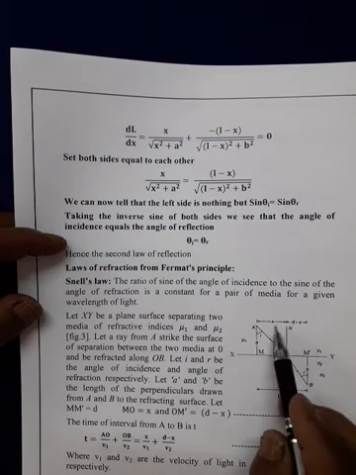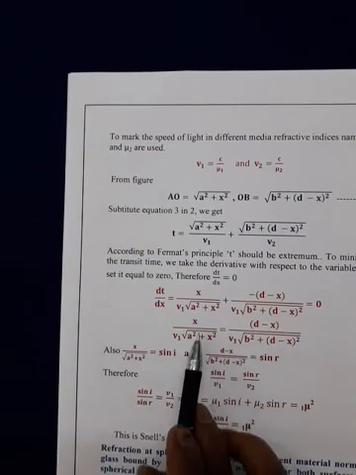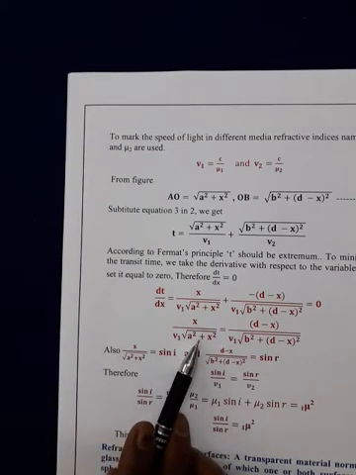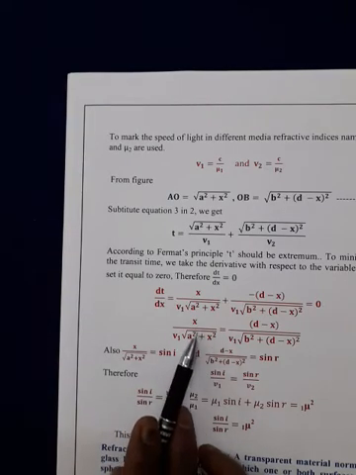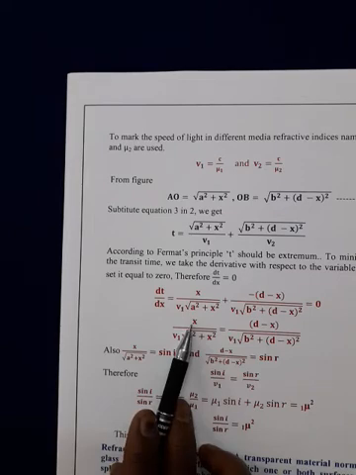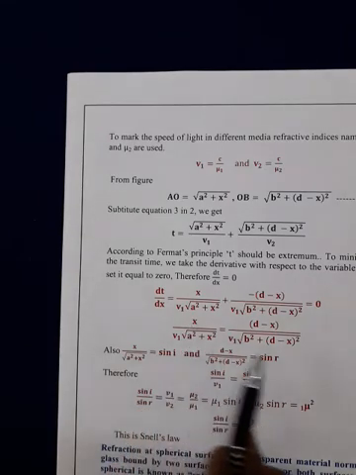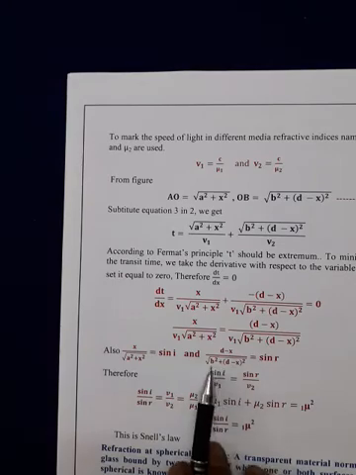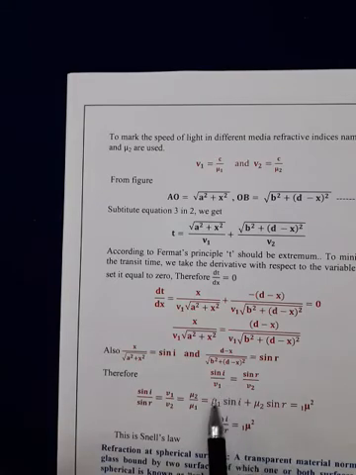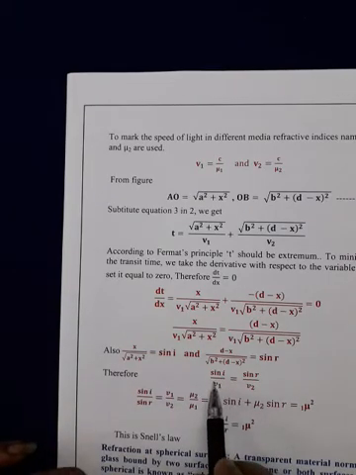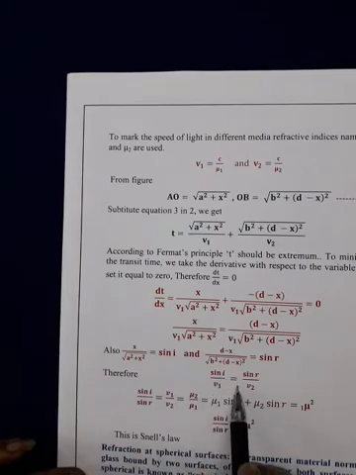What is the opposite side? This is x. So x divided by under root of a square plus x square becomes sine of I. In the same way, d minus x divided by under root of b square plus d minus x whole square becomes sine of r. Now substituting these values, I get sine of I divided by v1 equal to sine of r divided by v2.